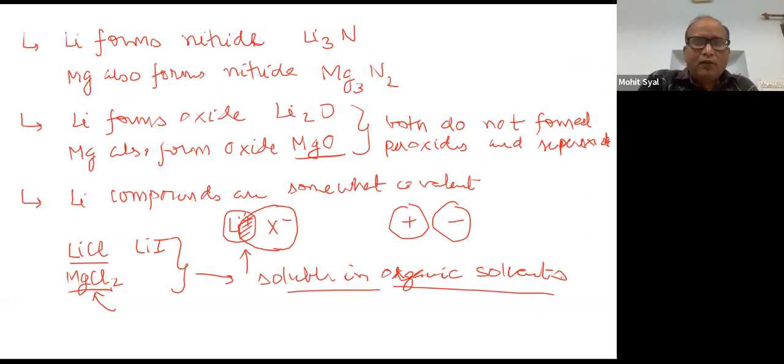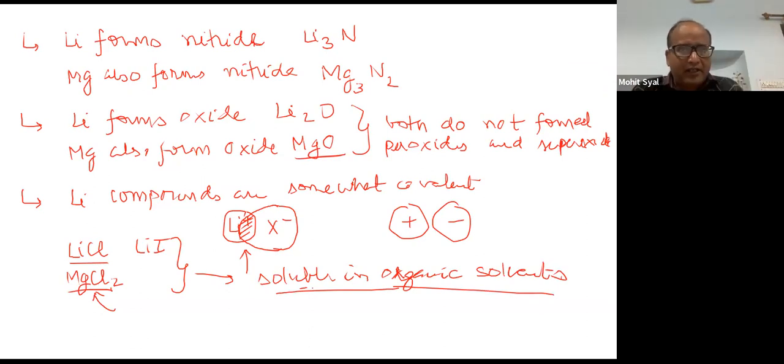Because of the pulling of electron cloud of the anion by small cation, they are covalent in character, and that's why they are soluble in less polar or covalent solvents, which are actually organic solvents. But water actually is polar solvent.